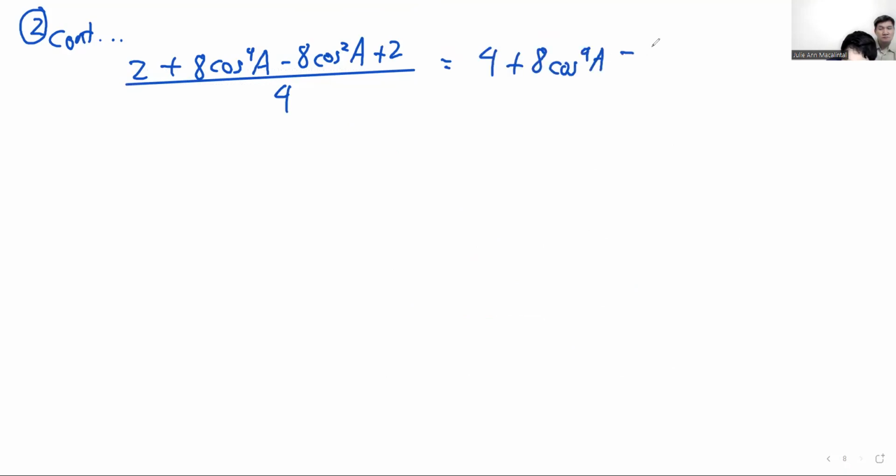I could have factored the 2 earlier, but who cares? I will just factor it out now. This is equal to 1 minus, maybe I'll just put in ascending order.